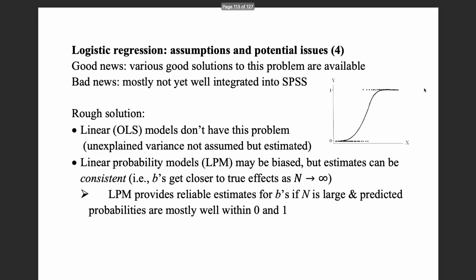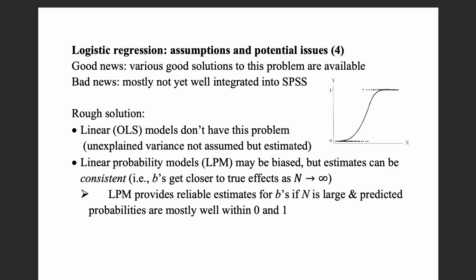So what does all of that mean? It means that the linear probability model might still be pretty reliable in giving you the right estimates for your coefficients, assuming that you have a pretty large sample, relying on the idea that it is consistent, and if your predicted probabilities are mostly well within 0 and 1.